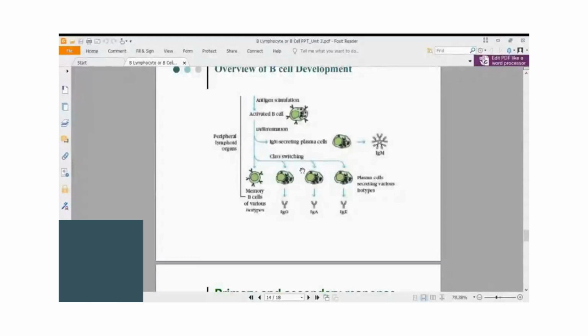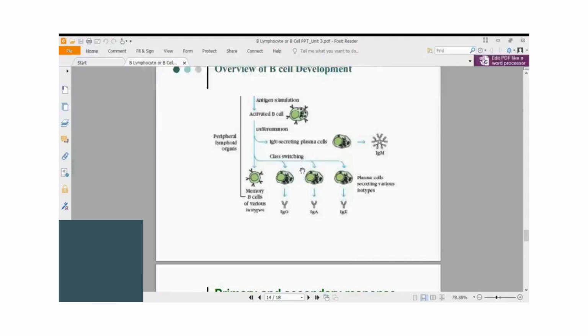One very important process will be allelic exclusion. Please remember these three key features: class switching, allelic exclusion (allele means gene), then somatic hypermutation.